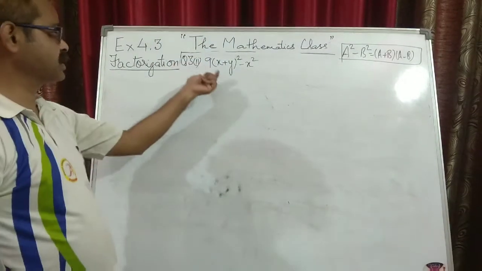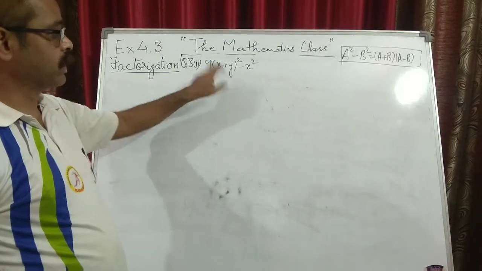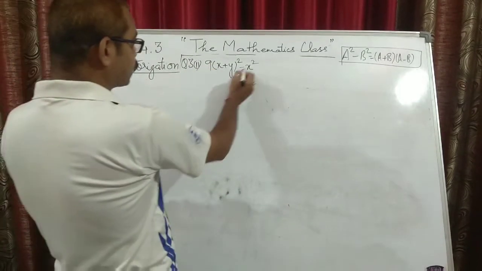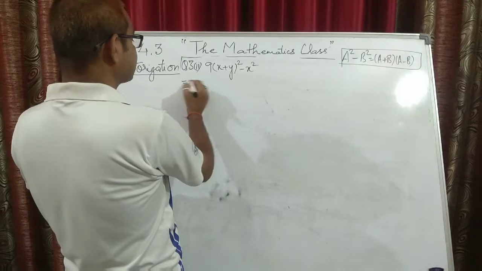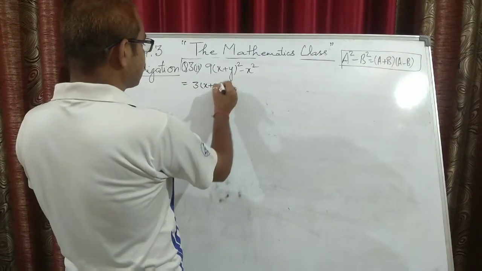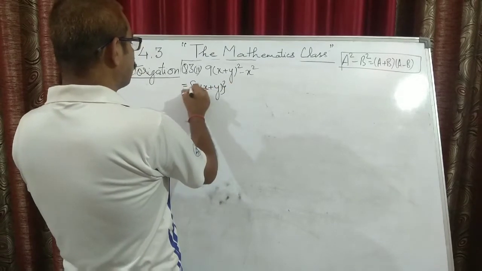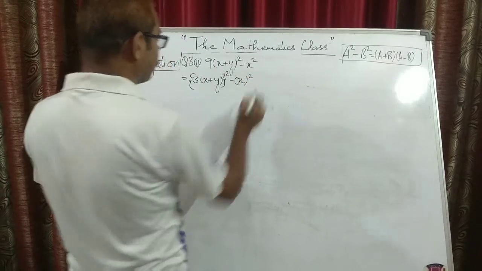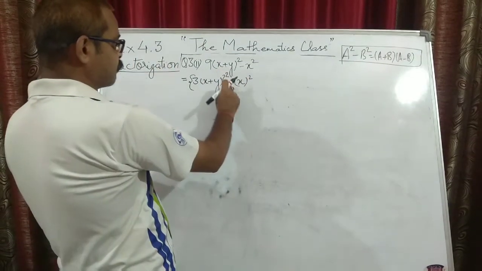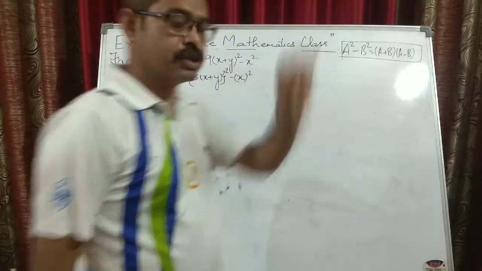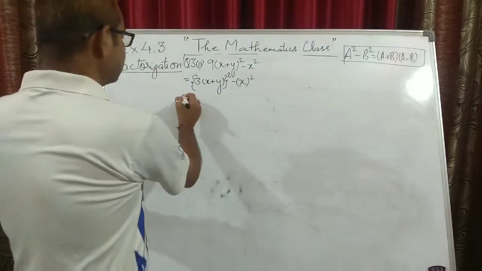Now look at the third question, second part. 9 times 3x plus y whole square. So 9 can be written as square of 3. It means this total portion can be written as 3x plus y whole square minus x square. Now it is in terms of a square minus b square. Now this question has been converted into this form. So simply you can write a plus b and a minus b.